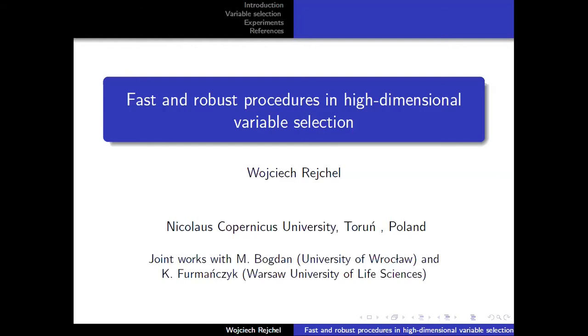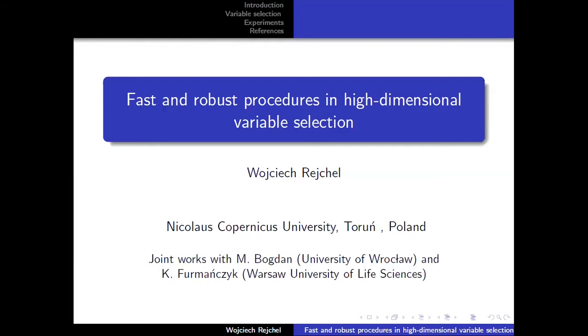In the talk, I will focus on two procedures which are used to find significant variables. The first one is quite well known. The second is rather new, and they both are fast, which means that they can be computed easily.